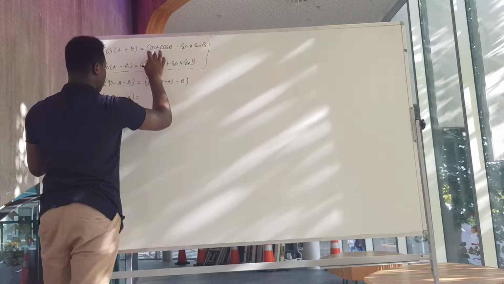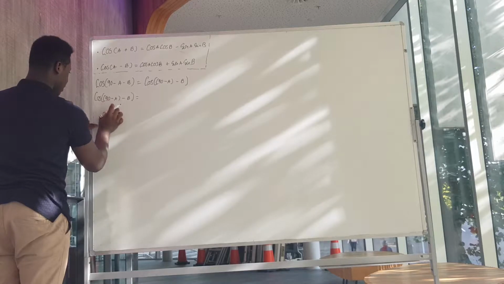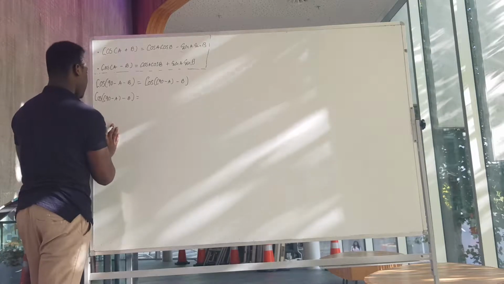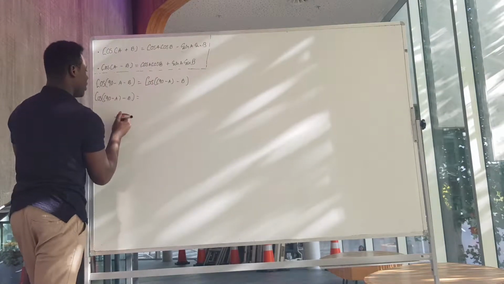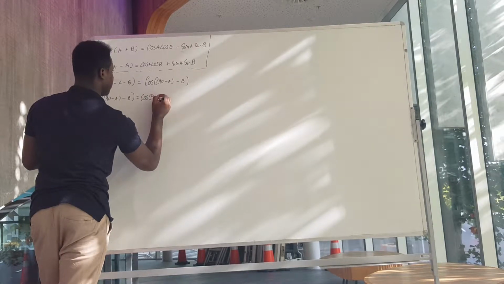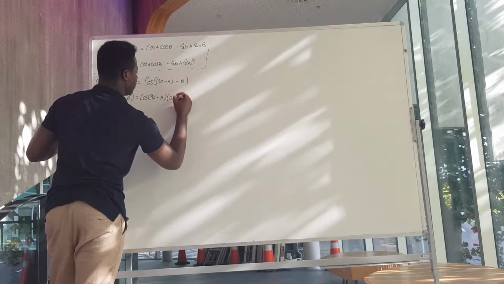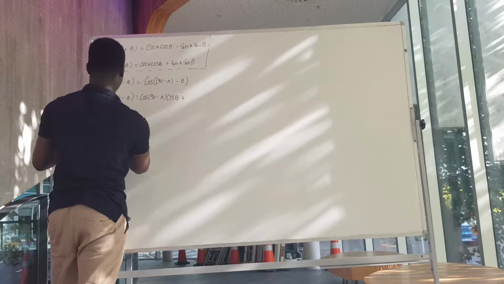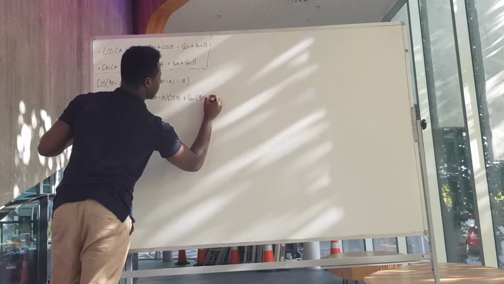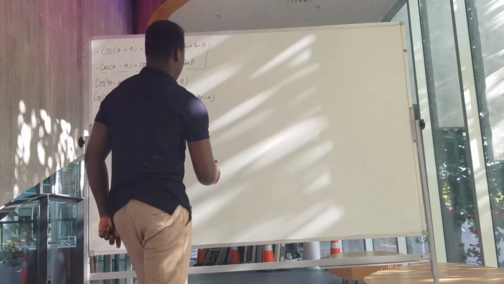If it's the difference of two angles, we use this. So this angle will stand for this whole thing. You can call this phi, lambda, whatever you want. So we have cosine of 90 minus a, cosine b, plus sine of this, sine b.